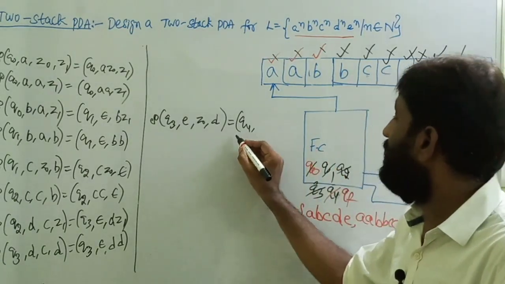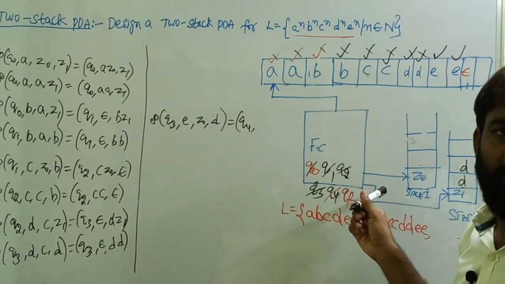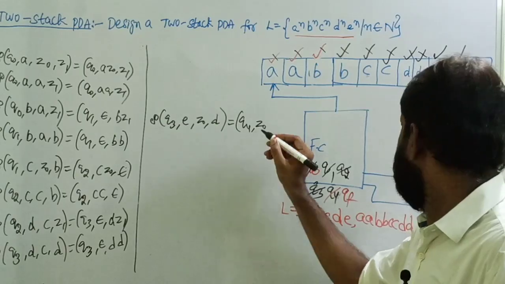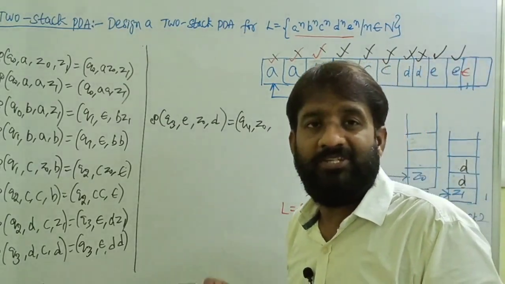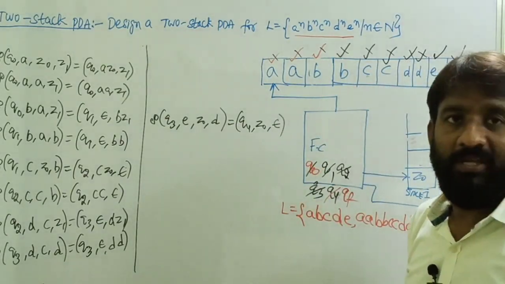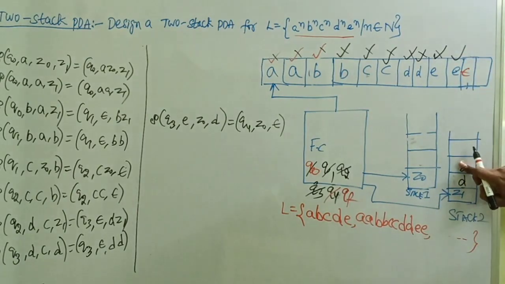So Q4, comma, so what is the operation on stack 1? No operation on stack 1. That's why the top of the stack 1 is Z0. Now remove the element from the stack 2. How you can write it is epsilon. Okay. So for E, do pop operation on stack 2.